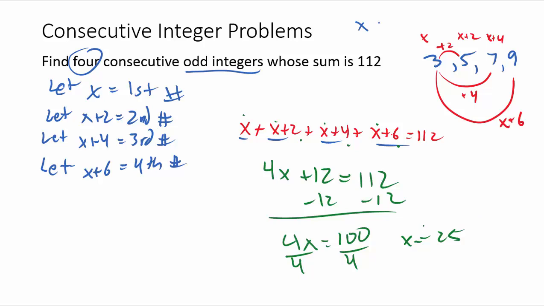So that gives me the first number in order. 25 is the first number. 2 more than that is 27. 4 more than the first number would be 29. And then the final odd number should be 31. You can see these are all 2 away from each other. They're all odd numbers, and if you add these all up, I'll let you check them, they will add up to 112.